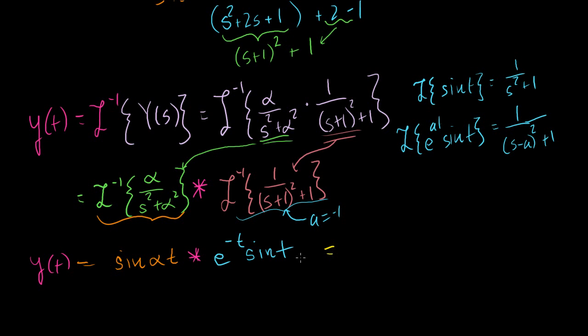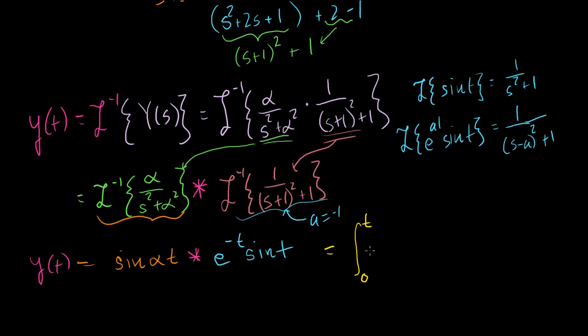So this is equal to, what's the convolution of these two things? It's the integral from 0 to t of sine of the first function of t minus tau. I can actually switch the order either way, and I haven't shown you this, but let me just do it this way.